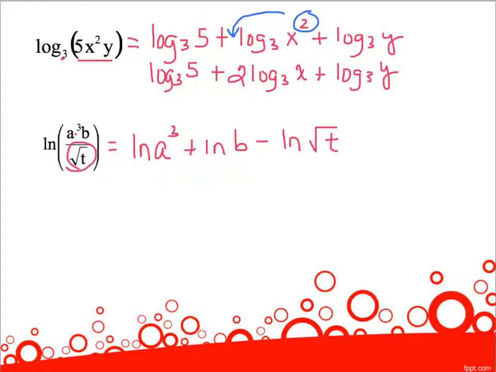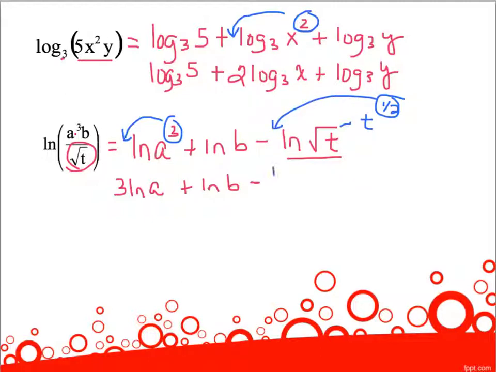Now I can take my exponent, bring it to the front, and make this 3 natural log of a plus the natural log of b minus, and you might think you're finished here, but remember, we've talked about this previously, the square root of t is the same thing as t to the 1/2. So then I have an exponent that comes down to the front and gives me minus 1/2 the natural log of t.